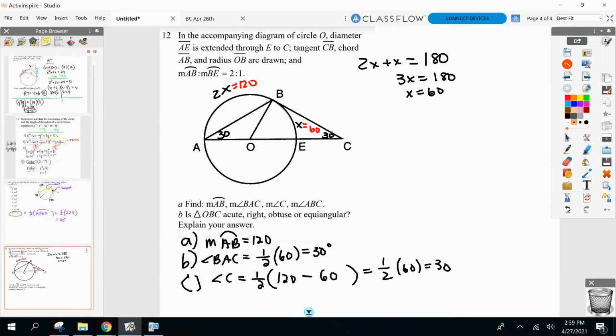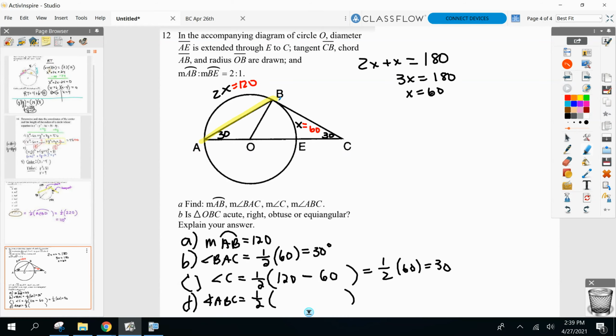And then what else do I have? Angle ABC. All right, that's the one that Zach just asked before he left and made this awkward for me. Angle ABC. Again, half of it's inside, half of it's outside, but it is a chord and a tangent. AB is the chord, BC is the tangent. So I'm going to take half the arc in between. It always helps me to highlight the arc in between.